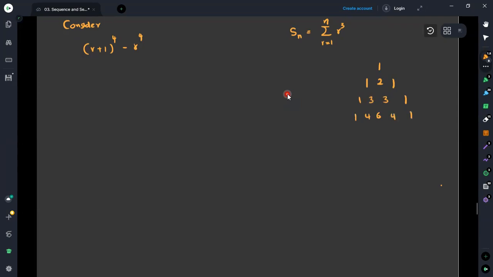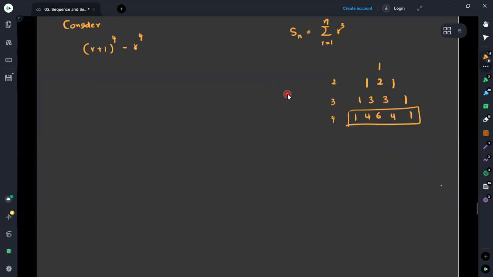Therefore, when expanding the equations, we can directly use the Pascal triangle, for power 2, power 3 and power 4. As we discussed previously, we directly use these coefficients.